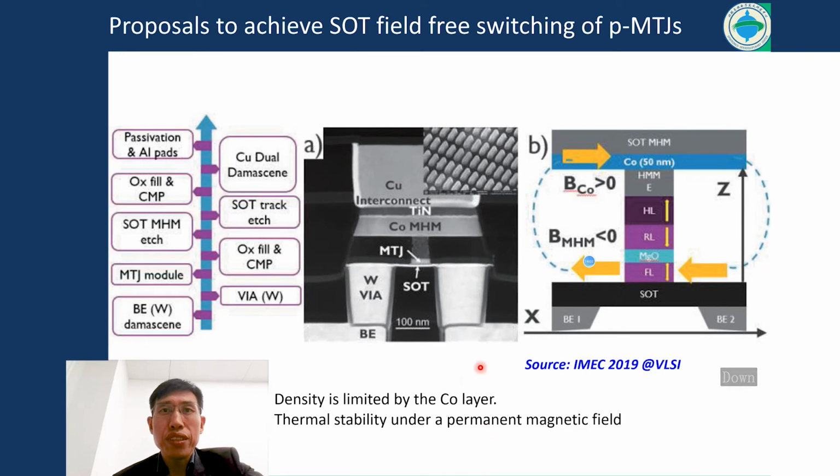Very recently, IMEC from Belgium proposed to integrate a cobalt layer to generate a magnetic field, but this brings other issues. Density is limited by the cobalt layer on top of the magnetic tunnel junction, and thermal stability under a permanent magnetic field will be another issue.